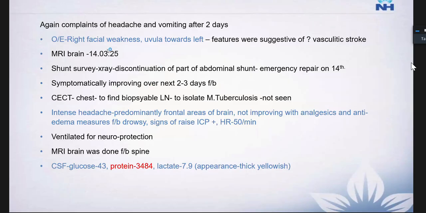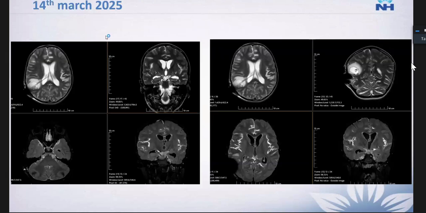Since the child was not improving, a VP shunt was put. After putting the VP shunt, the child again presented with right-sided facial weakness and suspected stroke. These were the MRI images at that time.